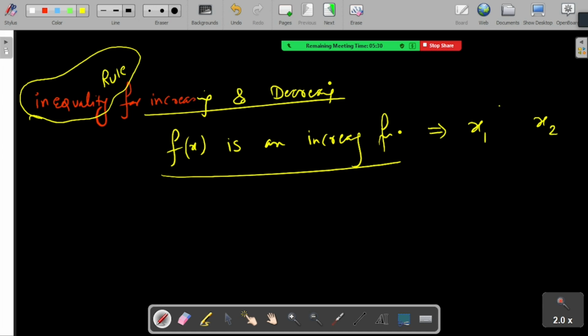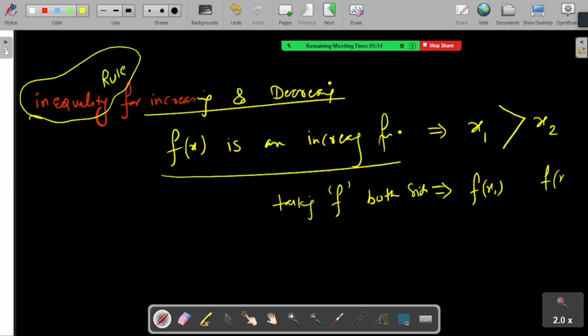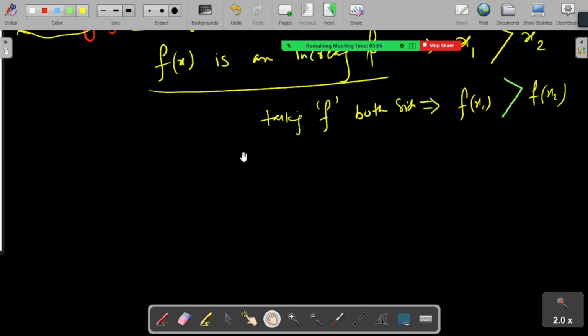If x1 is greater than x2, now taking f on both sides, that is f of x1 and f of x2, since f is an increasing function, there will be no change in the inequality. Let us see an example.